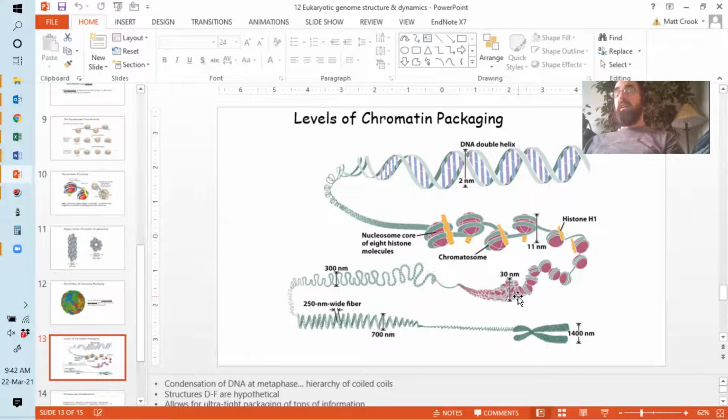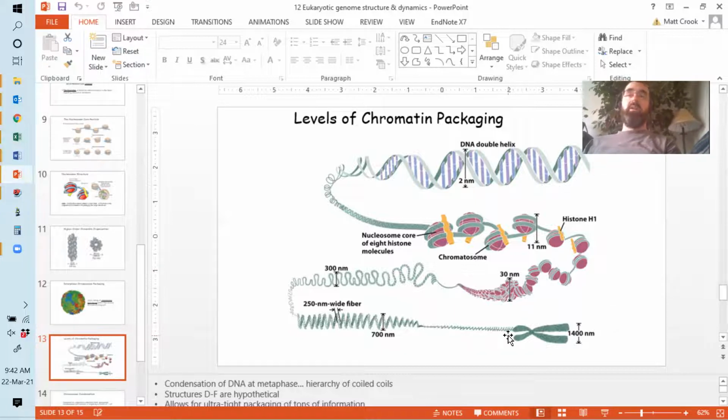If it's being heavily transcribed, it may stretch out a little bit. It can also be transcribed like this. If it's going to be shut down in terms of heterochromatin, it might be bound a little tighter, but heterochromatin also means other things in terms of accessibility as well.